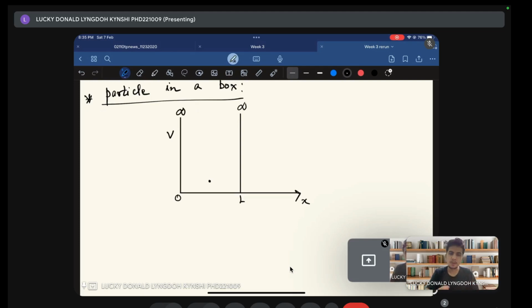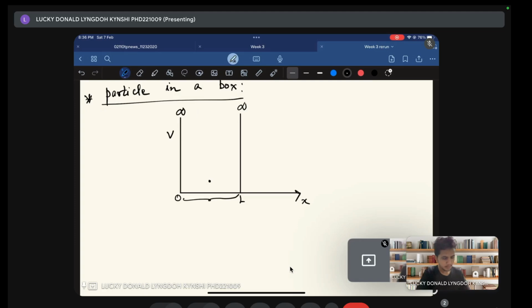That means the particle cannot exist outside, because the potential at x equal to 0 is infinite and at x equal to L is also infinite. The box is given by 0 to L, so the particle cannot exist outside of the box.